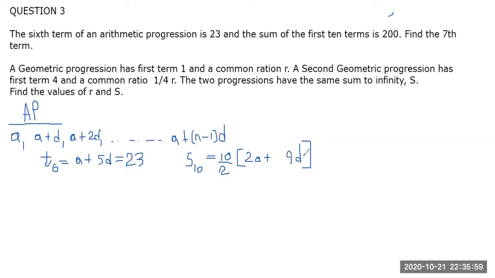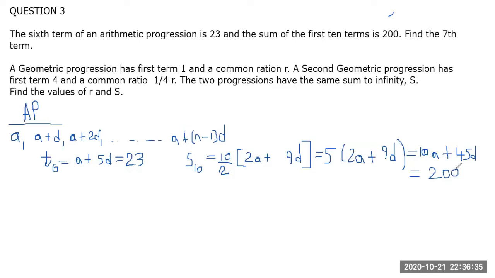And 10 over 2 is just 5, so this works out to be 5 times (2a plus 9d). 5 times 2a is 10a, plus 5 times 9d is 45d. And they said that the sum of the first 10 terms is 200, so 10a plus 45d is 200.